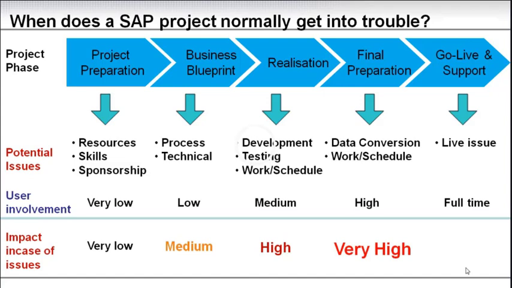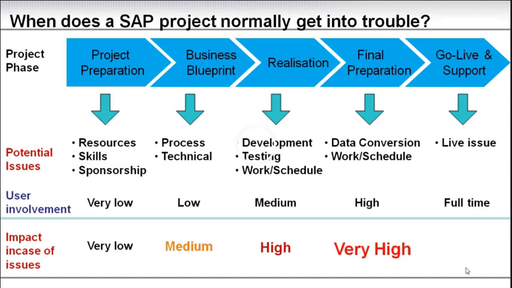Then later on, it's project related, it's technical related. As we start testing, developing, we might get in trouble with not being able to stick with the schedule, or the issues arising from these activities. Then it's data conversion, and we then go live and we are facing real user issues.